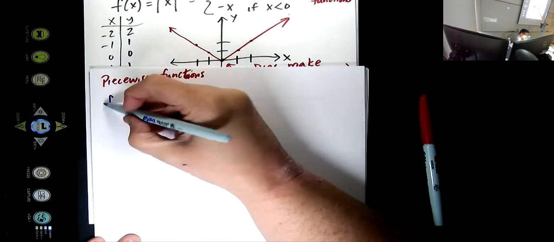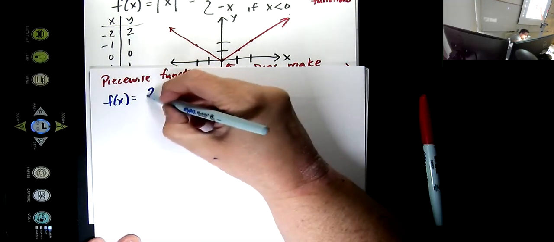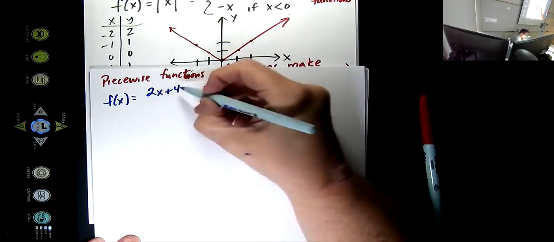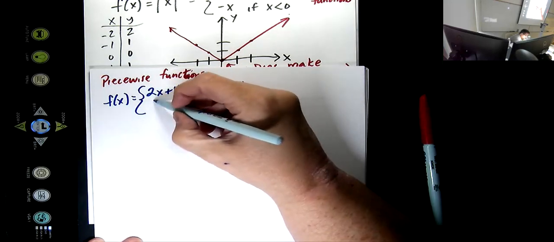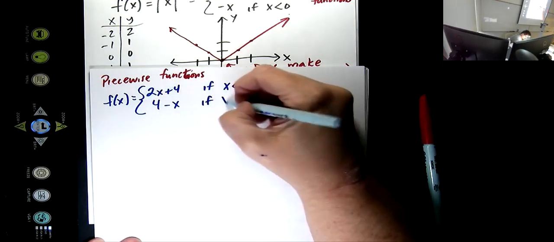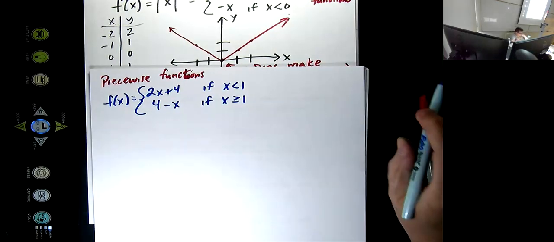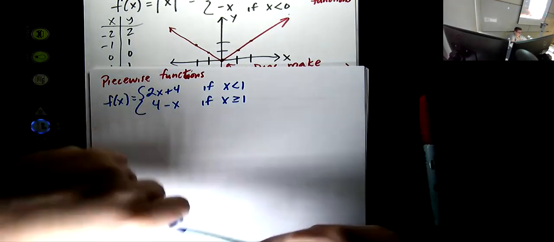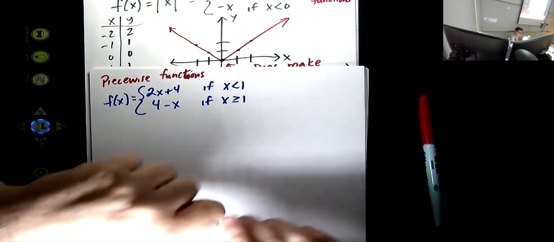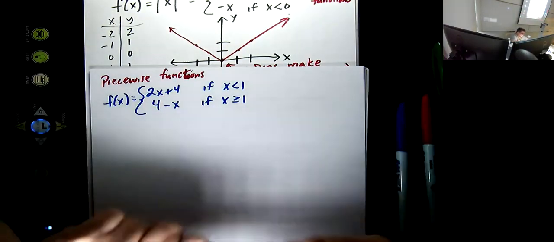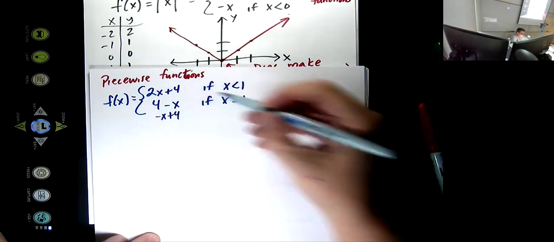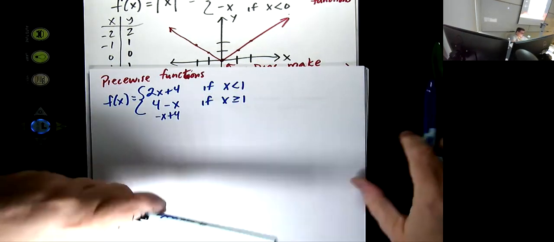Let's say we have f of x equals 2x plus 4 if x is less than 1. And 4 minus x if x is greater than or equal to 1. And this is negative x plus 4, which might be easier to graph if we write it like that.